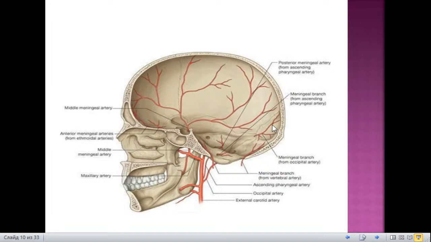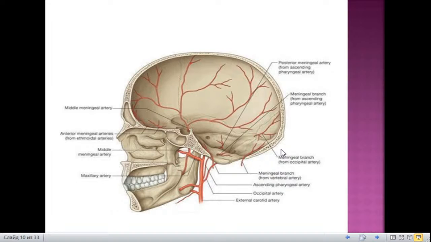And the floor of the posterior cranial fossa, the last one, is supplied by the meningeal branches of the basilar artery, as well as the meningeal branches of the vertebral arteries. Both basilar and vertebral arteries are related to the system of the subclavian artery.